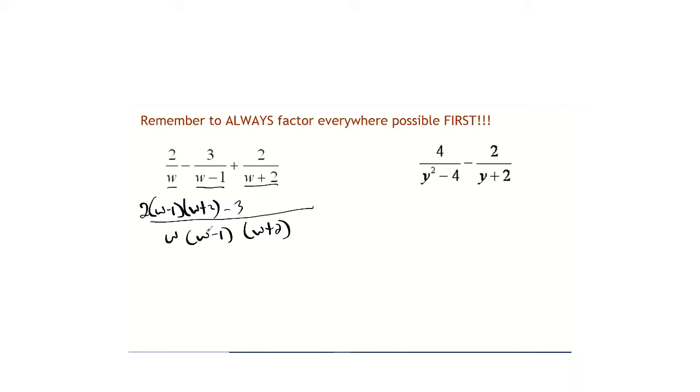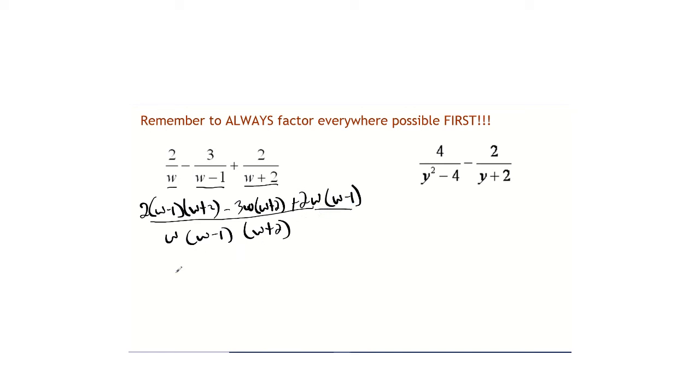But I don't have either of these two factors as part of that denominator. So I have to multiply that by w and w plus 2. And then plus 2. So I've got w plus 2, but I don't have this factor w and this factor w minus 1. So I'm going to multiply by w and w minus 1.